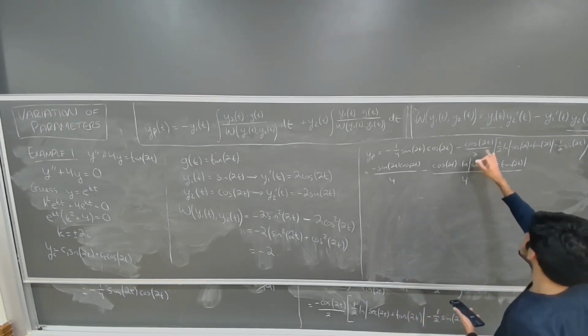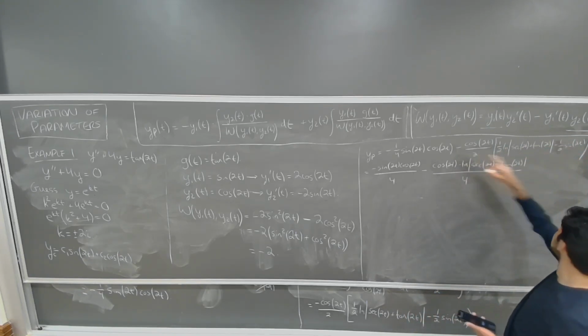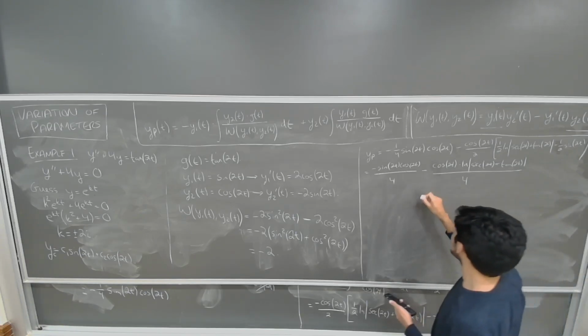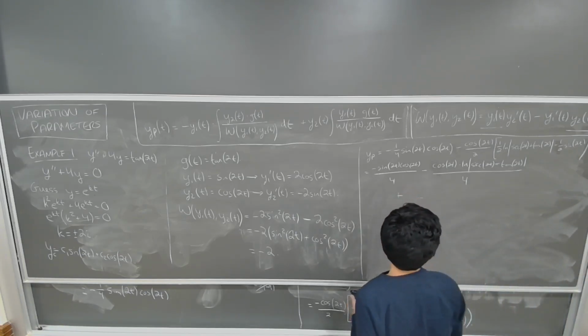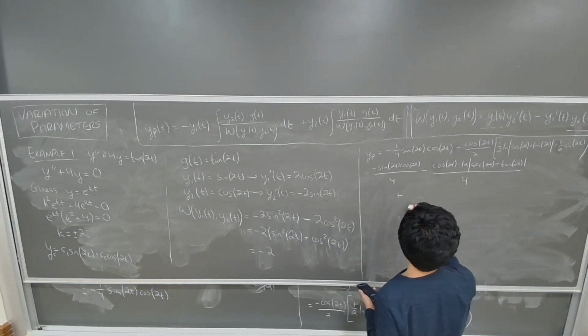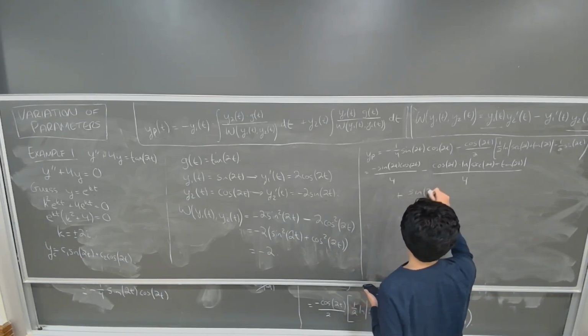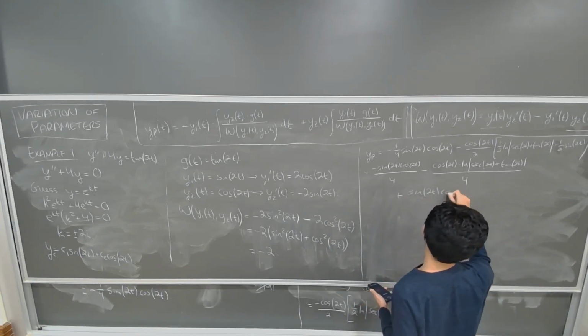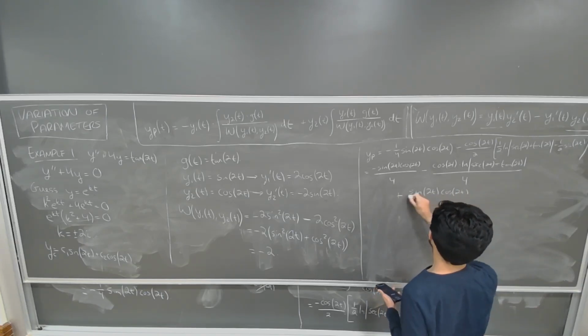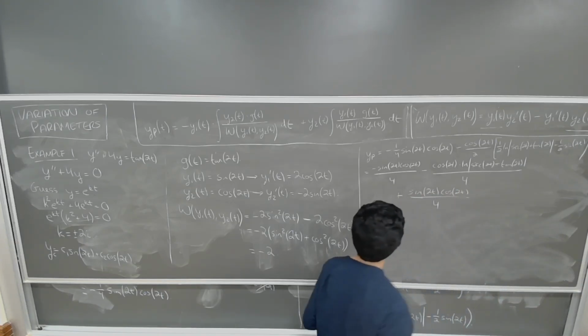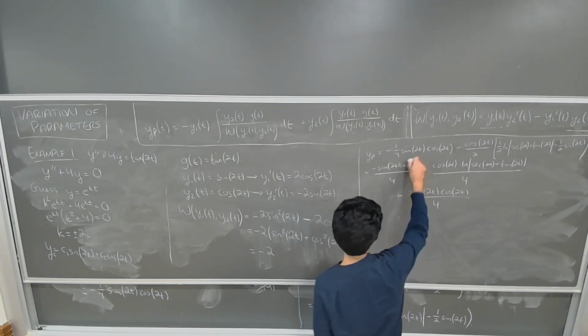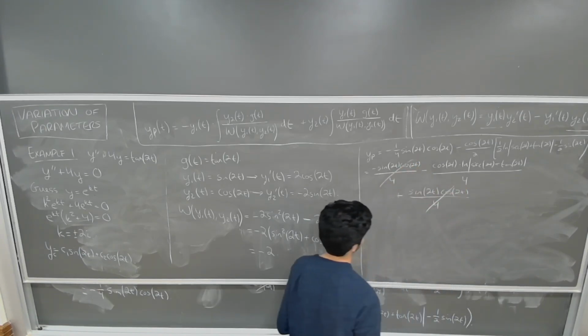And then distribute this into here, minus and minus becomes a plus. I'll just write it below. So it's plus sine 2t cosine 2t over 4. And we see that the first term and the last term cancel.